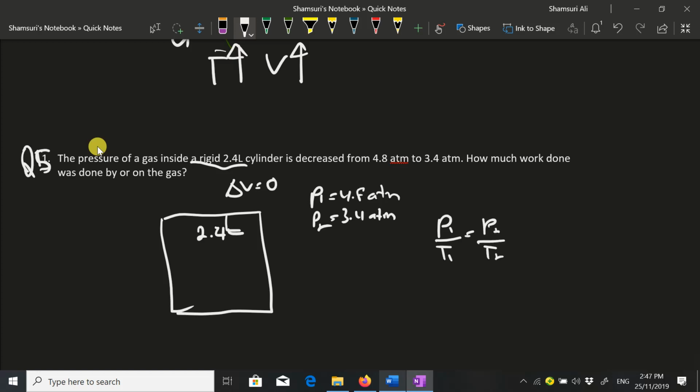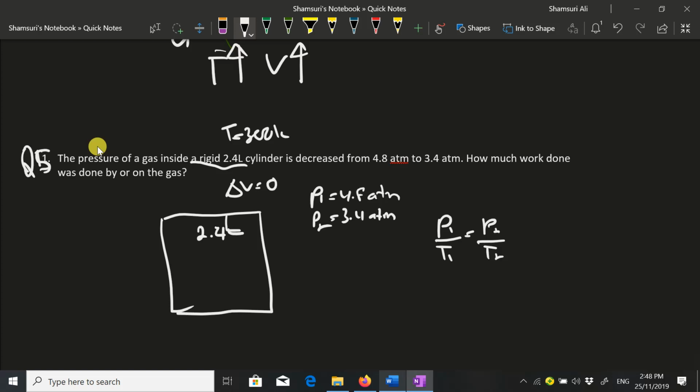And we can calculate how much work was done by or on the gas. It didn't mention the temperature here, but maybe we can put T is 300 Kelvin.